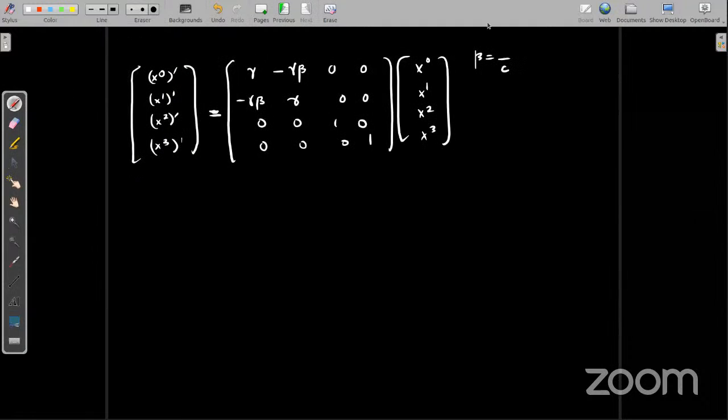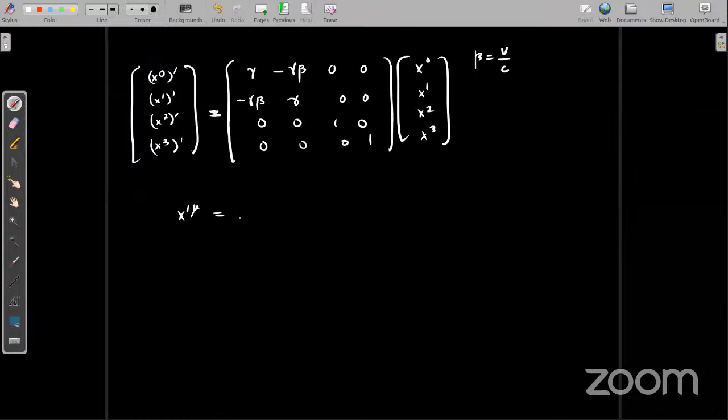Instead of even writing these big matrices, we saw that writing it in matrix form simplifies our life to several dimensions, right? But there is an easier way to write this, and that is as follows. You can write this as X prime mu equals, let me not use capital lambda, let me just use any other alphabet that you're familiar with.